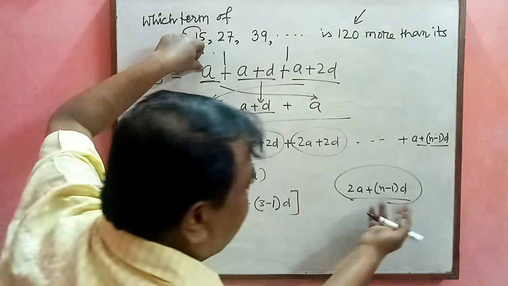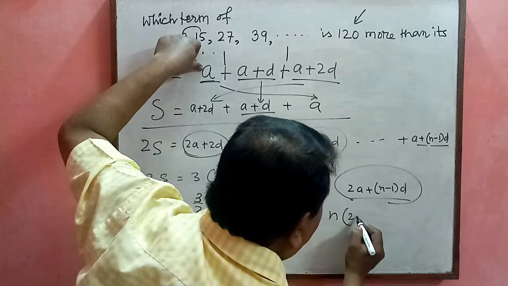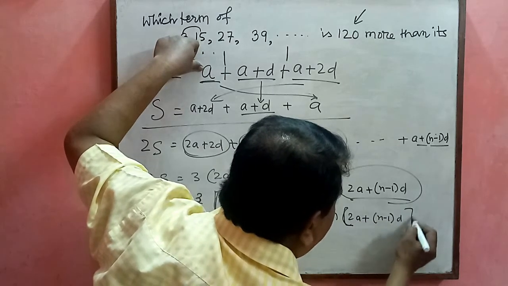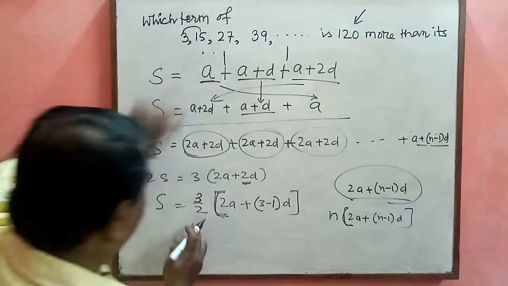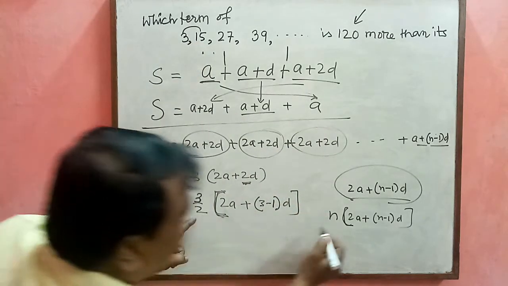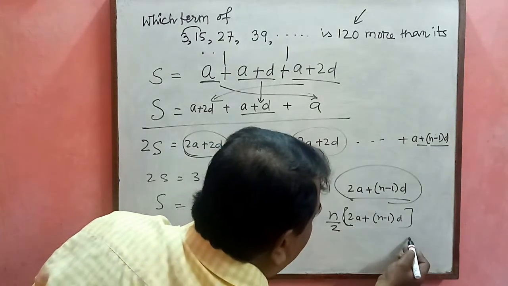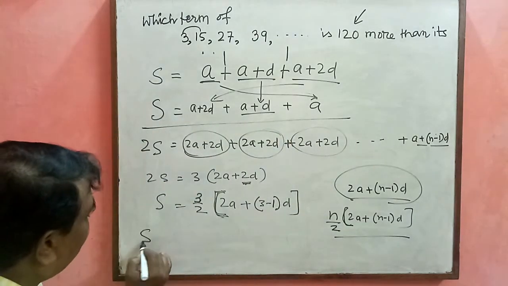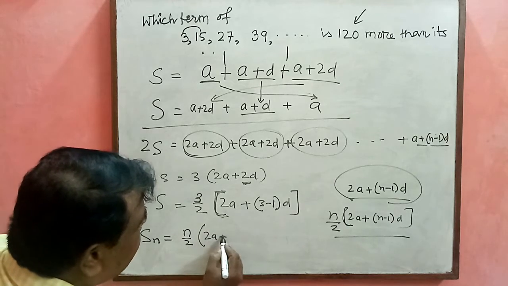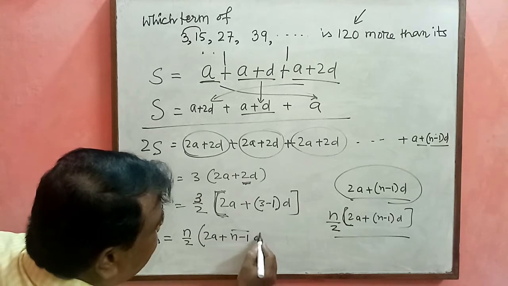This will be repeated n times, so this will be n into (2A plus (n minus 1) into D), and again upon 2S, so S is equal to n upon 2. So Sn we have now: Sn is equal to n upon 2 into (2A plus (n minus 1) into D).